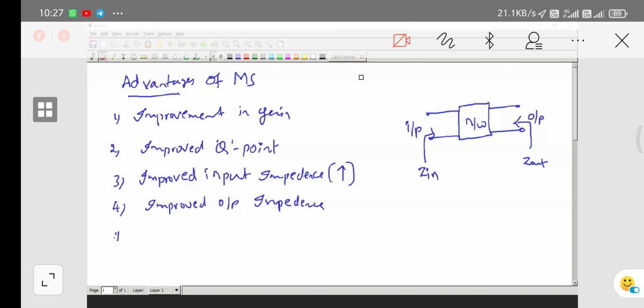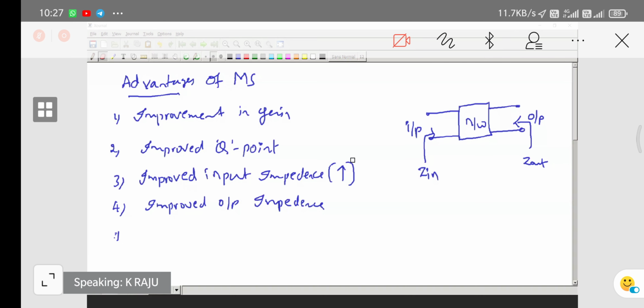If we are going to connect them in multi-stage, then the circuit becomes more complex. And since we are using more circuits, the cost is also going to increase. So these three are the disadvantages of the multi-stage amplifier.